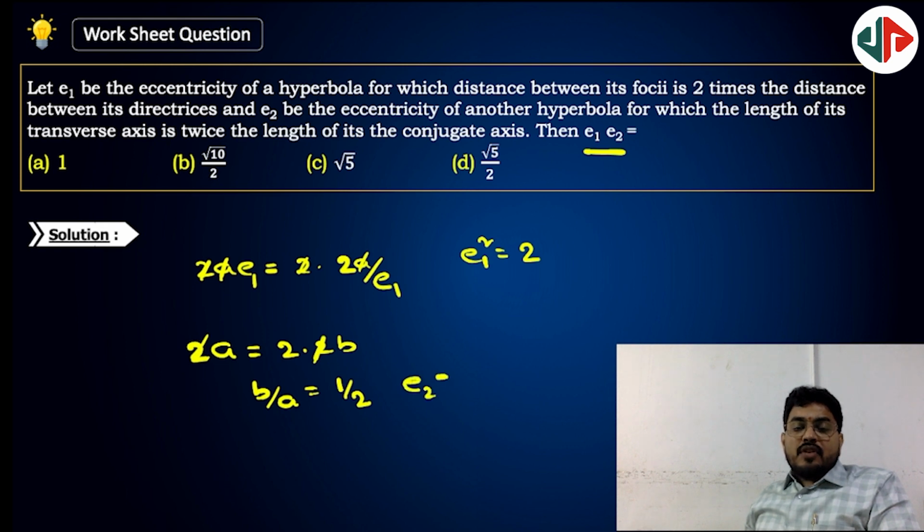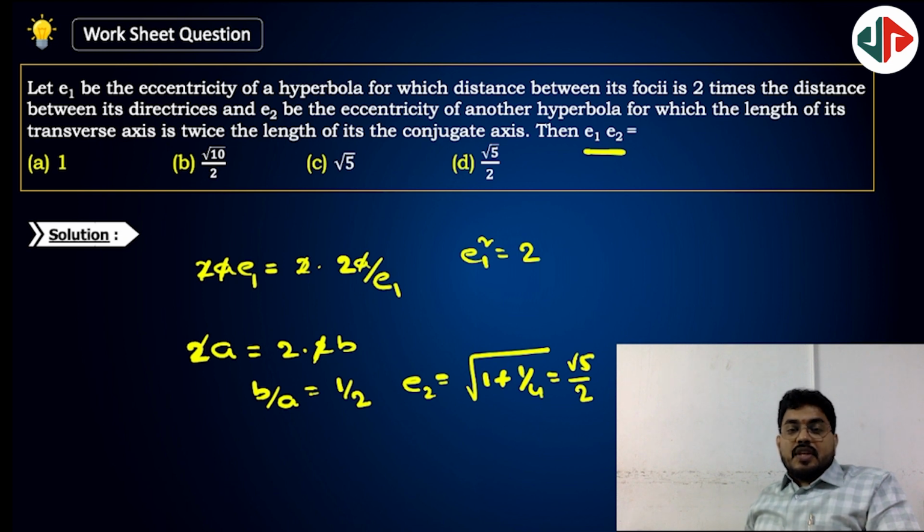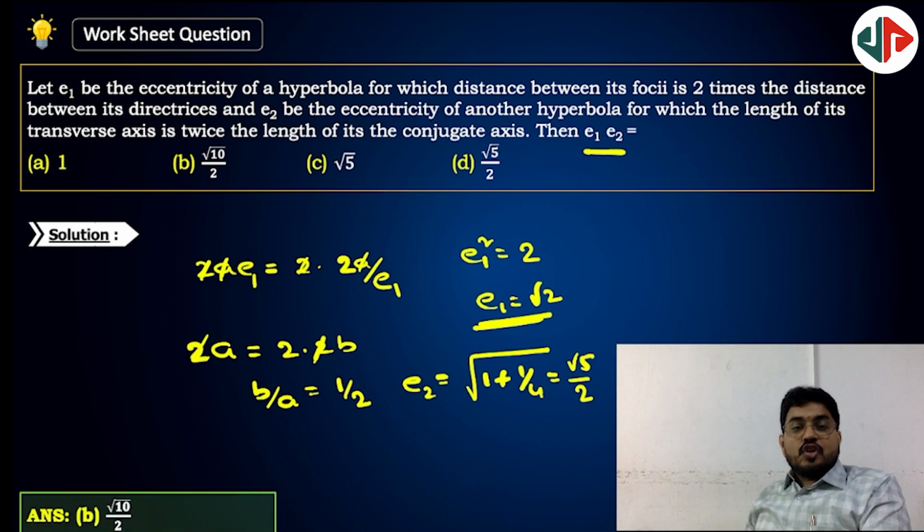E2 is equal to square root of 1 plus B square by A square, which is equal to root 5 by 2. So E1 is equal to root 2 and E2 is equal to root 5 by 2. So E1 E2 is root 10 by 2, which is the right answer.